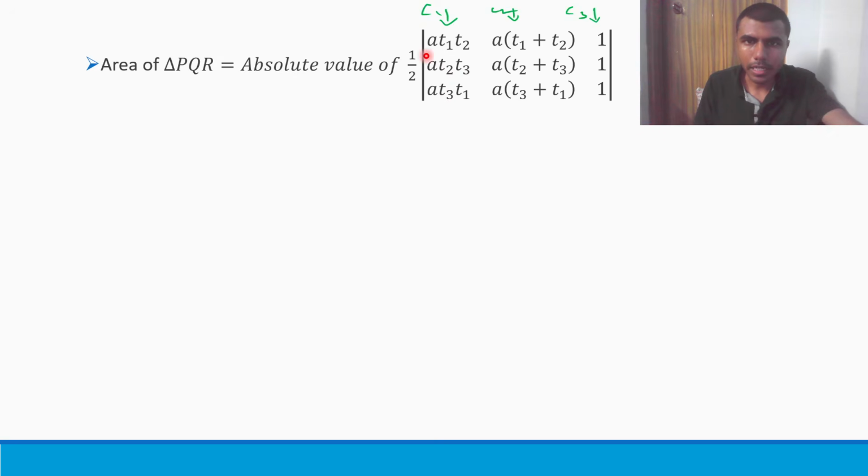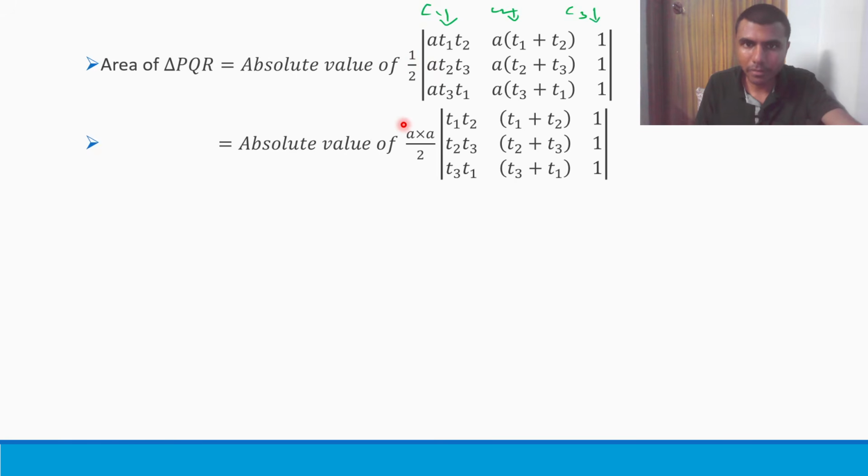So I'd get one a from this column and another a from this column. That's why you see in the next step a's are not there. A into a by 2. This absolute value is necessary, in the textbook also, because this determinant can be negative or positive, but area is always positive. So absolute value of a negative is positive. That's why.